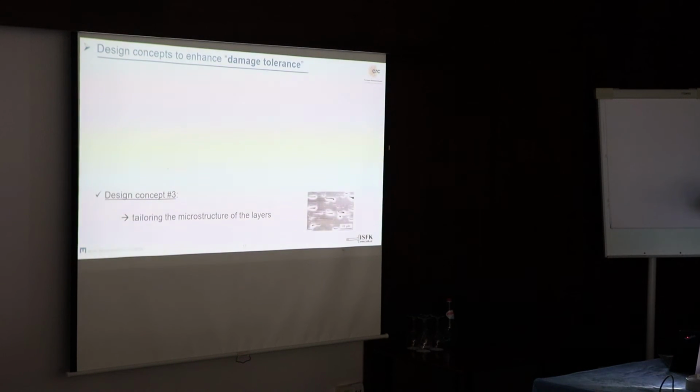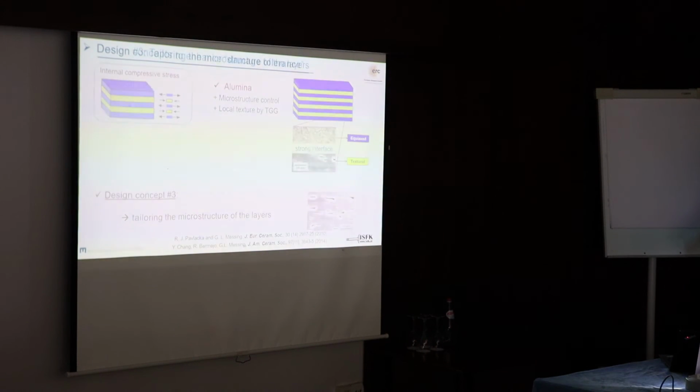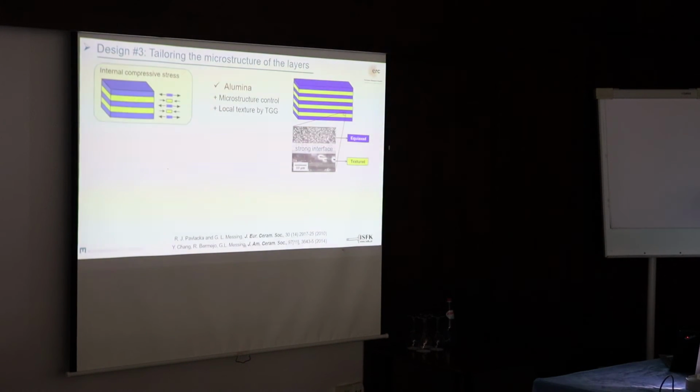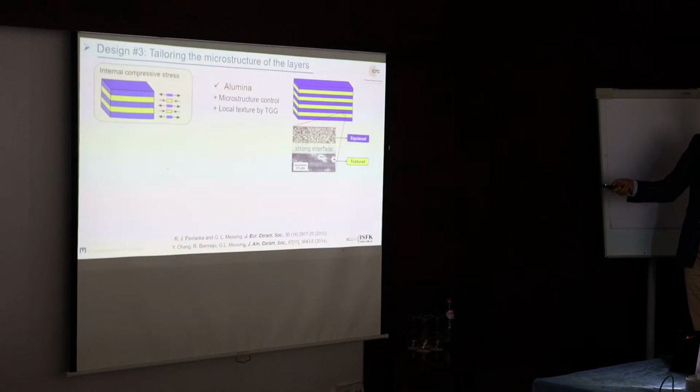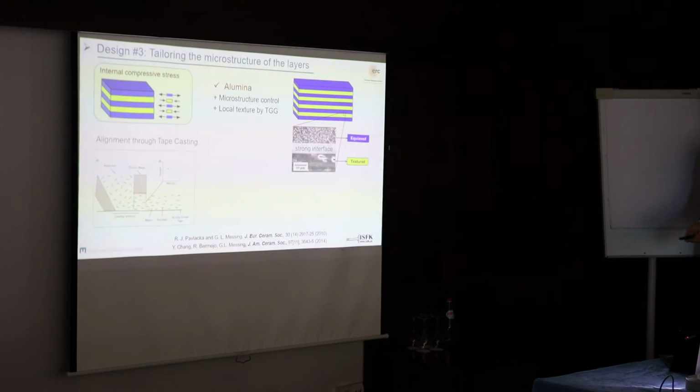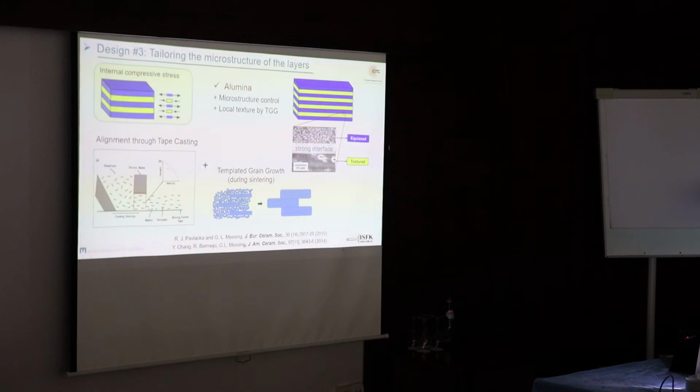Last but not least is the microstructure. We can join together layers having different microstructures. How do we tailor the microstructure of these textured layers? We use tape casting, where we align some platelets using the razor blade, and during sintering, according to templated grain growth, we end up with large grains oriented in one preferential direction.